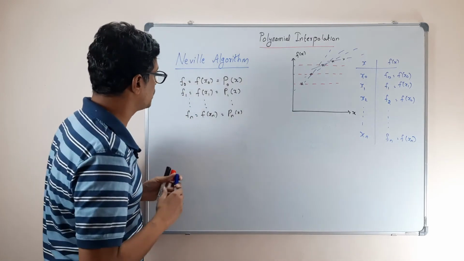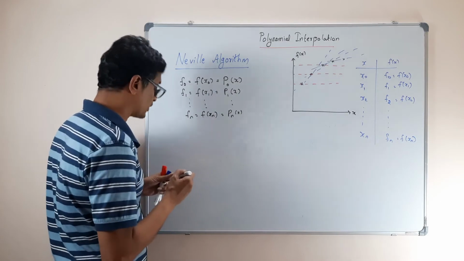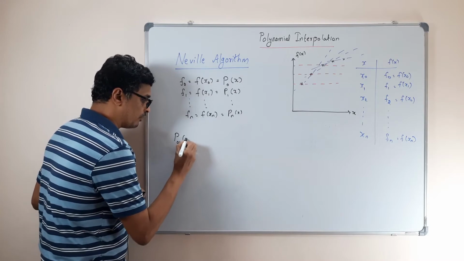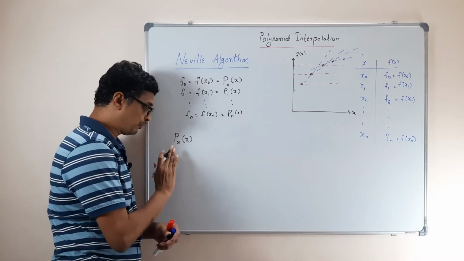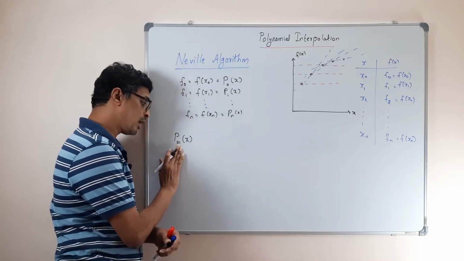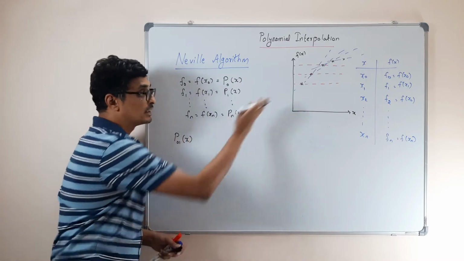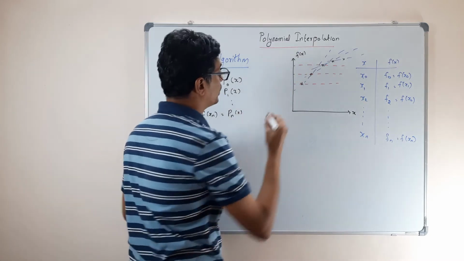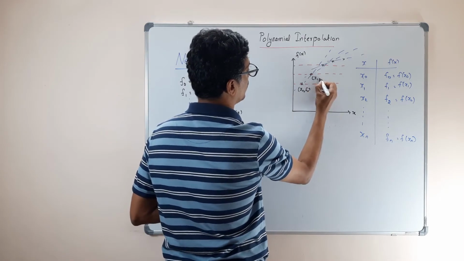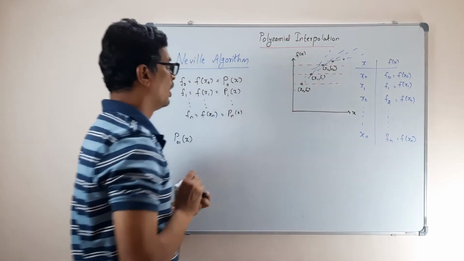Let us write that polynomial as p01 of x. This is a polynomial of degree 1 passing through the points x0 and x1. Let me write down these values: x0, f0, x1, f1, x2, f2, and so on.